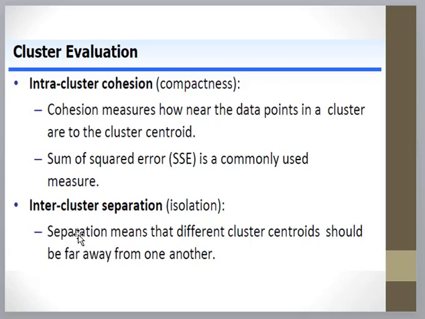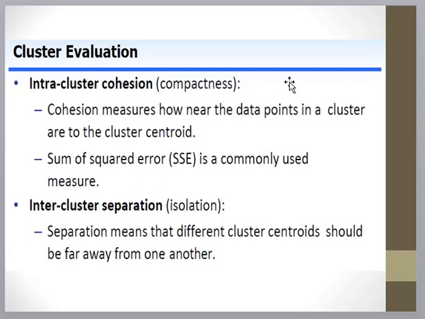So now let's look at how we can evaluate the clusters, right? Clusters can be evaluated in two terms. One is the intra-cluster cohesion, and the other is the inter-cluster separation. We can also write these as the compactness of the cluster and the isolation of the cluster.